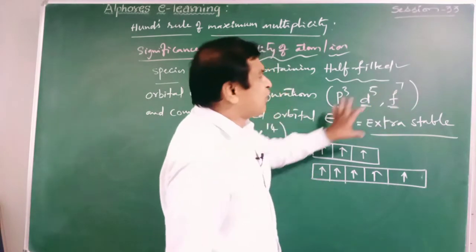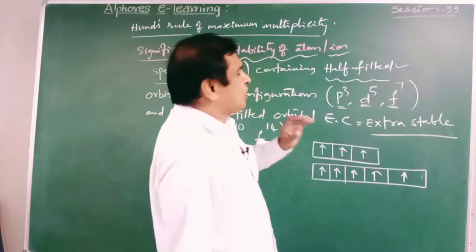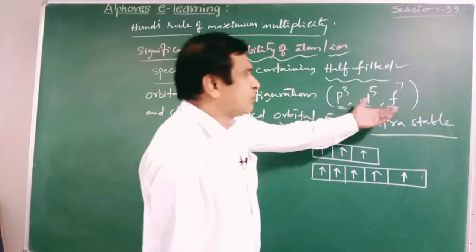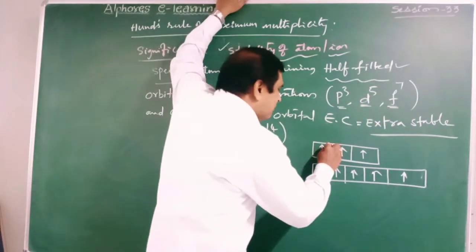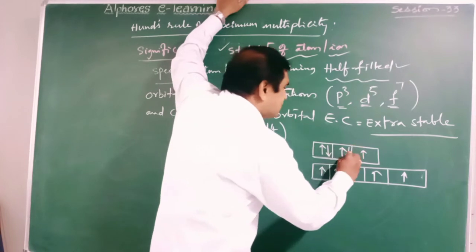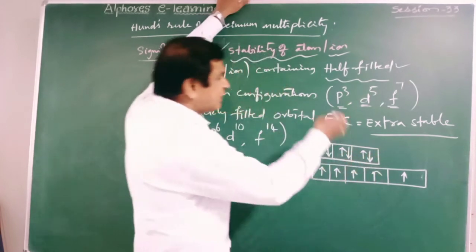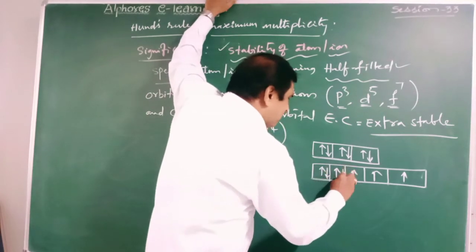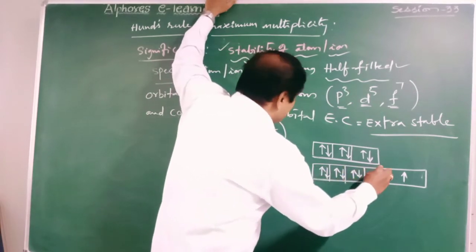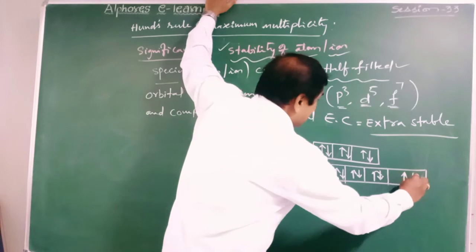Similarly, 7 f orbitals are filled with 1 electron each. That is called half-filled f orbitals. And completely filled p orbitals, that is all the 3 p orbitals completely filled with 6 electrons, that is p6. And the 5 d orbitals completely filled with all 10 electrons, that is completely filled d orbitals.